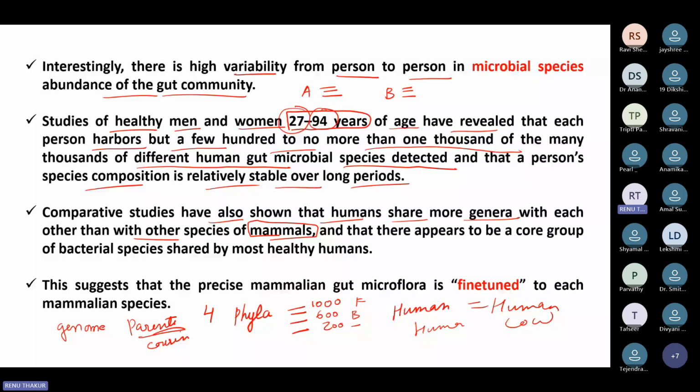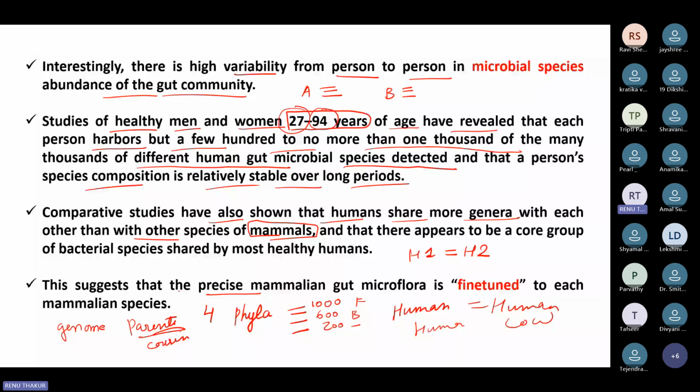Likewise, human 1 will have similarity in its microbiome to human 2, but not with a monkey, cow, or any other animal. So this suggests that precise mammalian gut microflora is fine-tuned to each mammalian species.